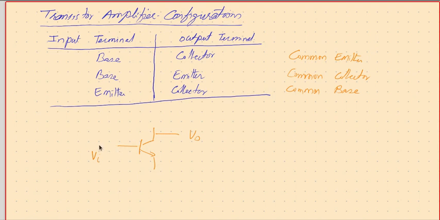Input is applied at the base, maybe through a base resistance, and output is taken at the collector after this RC. So we have a supply voltage. Yes, we are trying to amplify. Amplify does not mean it's some magic show where we create something from vacuum. We are not creating any extra energy from nothing.